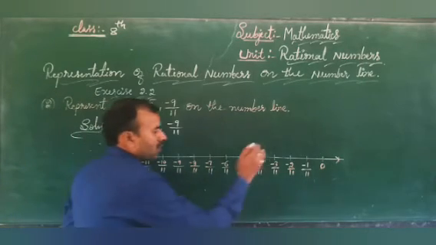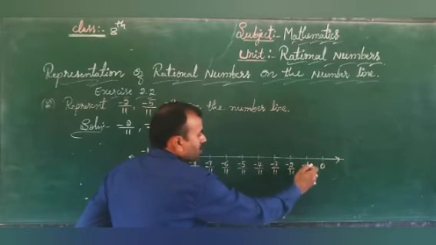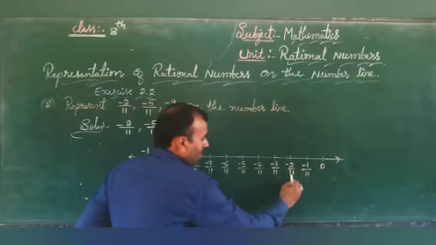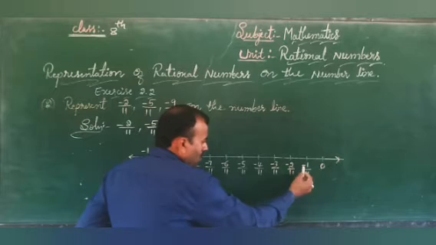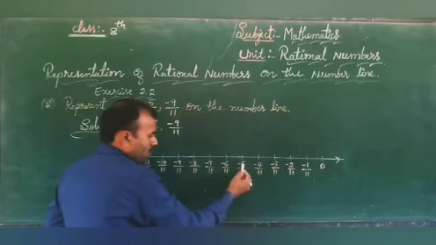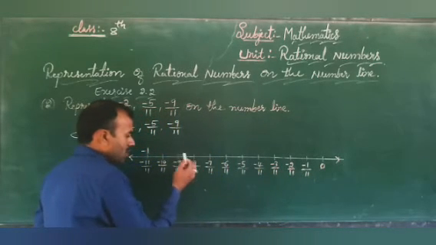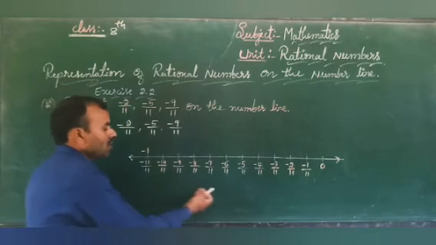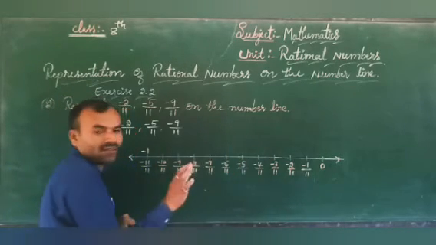Here each point is represented by the number minus 1 by 11, minus 2 by 11, on the left side of 0: minus 1, minus 2, minus 3, minus 4, minus 5, minus 6, minus 7, minus 8, minus 9, minus 10, minus 11. All the denominators here should be 11.